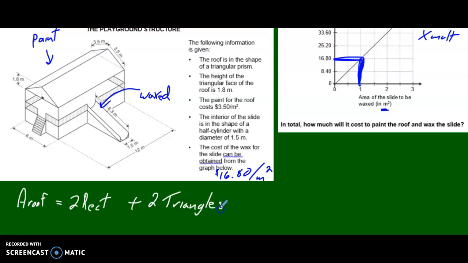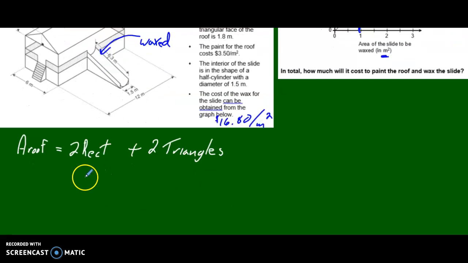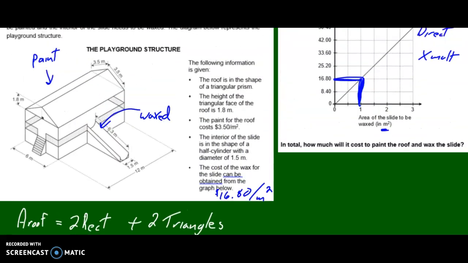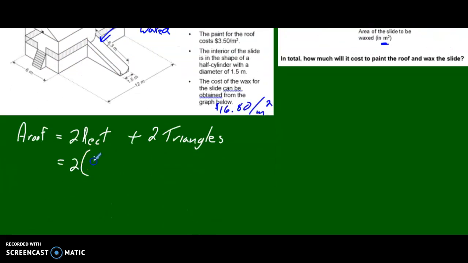We know how to find the area of a triangle. So let's do that. What's the area of this rectangle here? It's 12 meters by 3.5 meters, and there's 2 of them. So it's 12 meters times 3.5 meters.